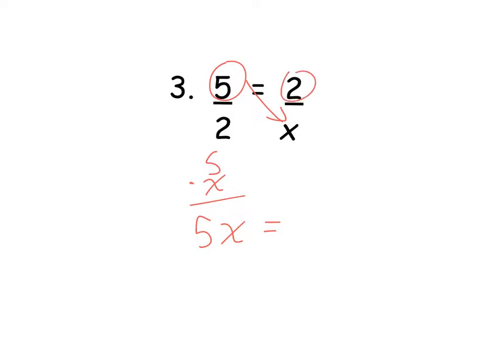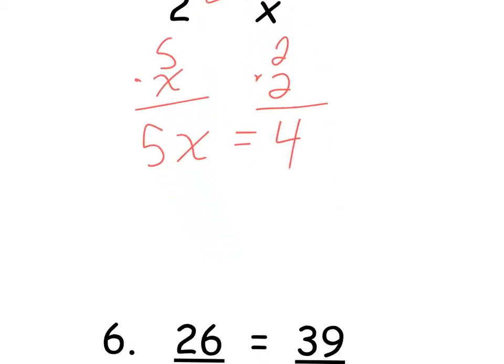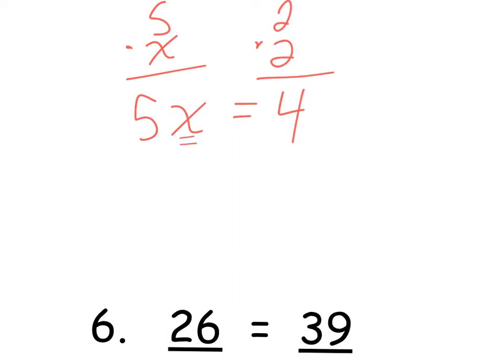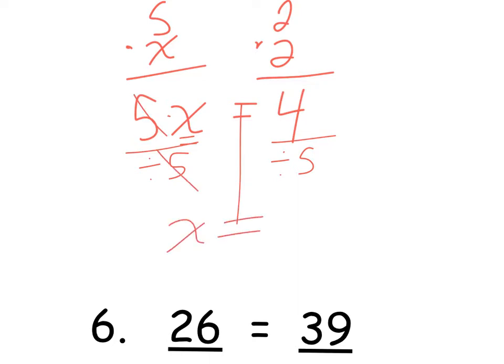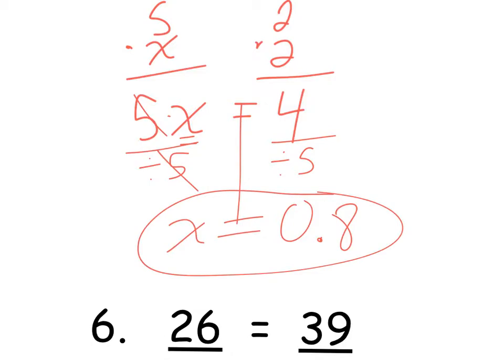And then I'm going to take the 2, cross it through the equal sign. 2 times 2 is 4. And then I have to get my x by itself. So I'm going to do the opposite of multiplying times 5, which is dividing. I'm going to divide by 5 on both sides of the equal sign, and I end up with x equals 0.8 as your answer.